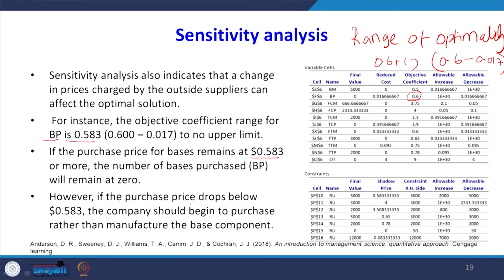However, if the purchase price drops below 0.583, the company should begin to purchase rather than manufacture the base component. Currently, for BP, we are not buying from outside. When the price goes beyond the limit, then we should think of purchasing.